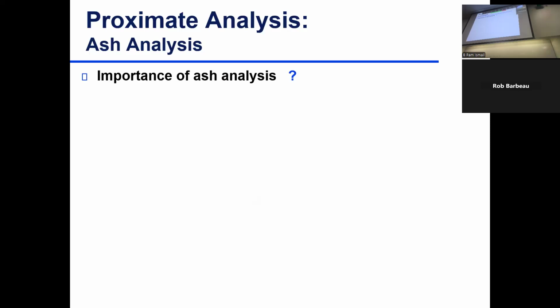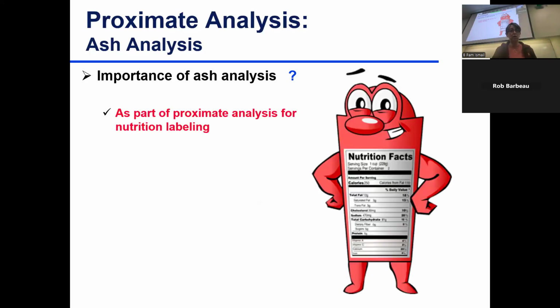What did we do for AA? You have to ash the sample to determine mineral composition. The first step for most foods is to get the organic matter out of the way so that you can determine ash content.